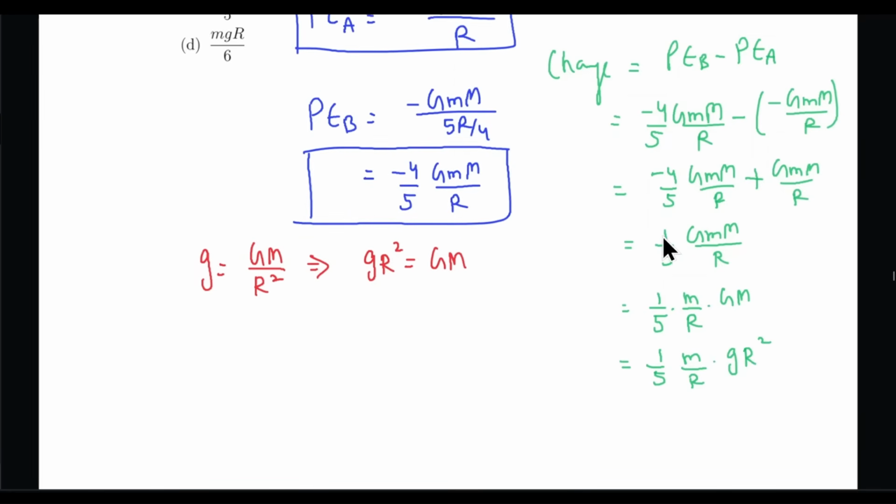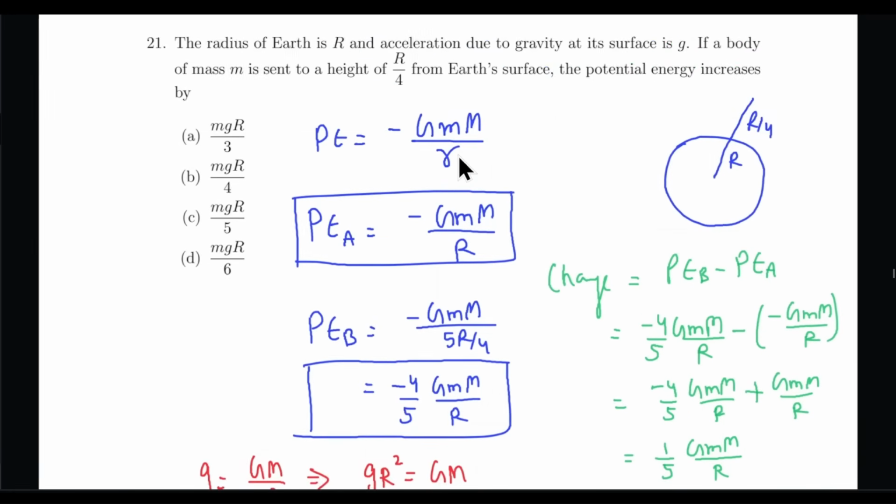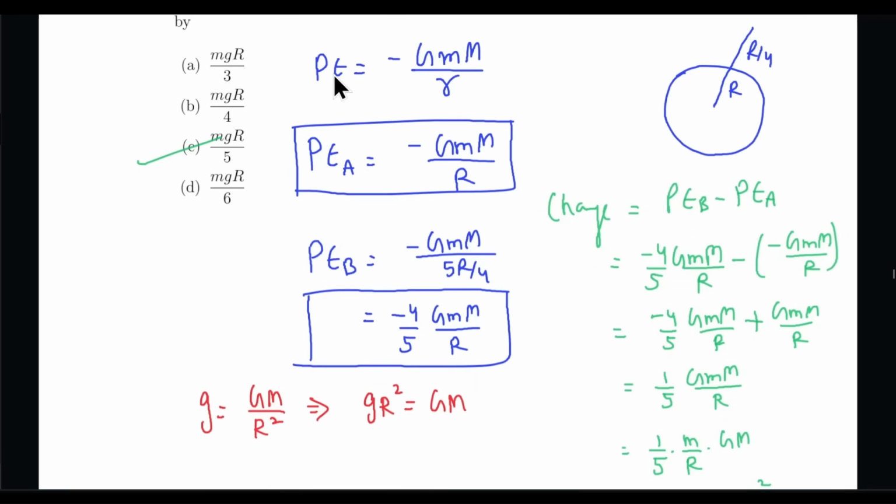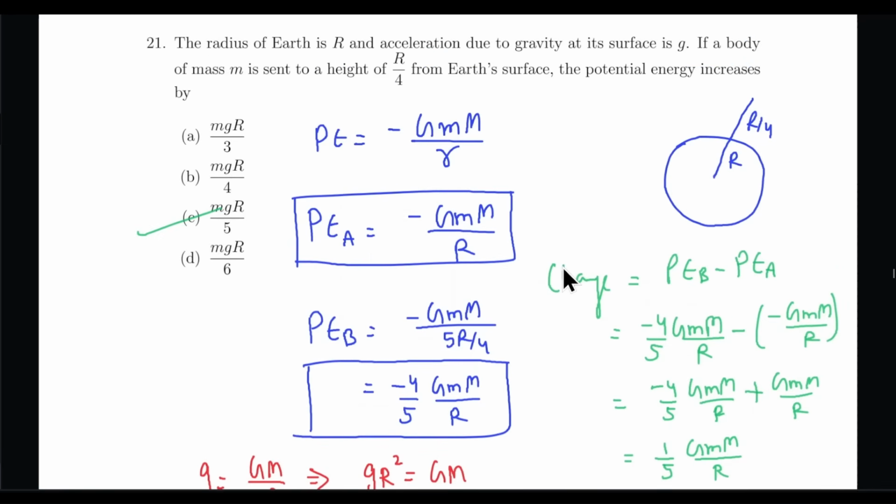One of the r is gone, so I'm left with m g r over 5. So that should be the final change, which is indeed option C. Yeah, makes sense. This could have been done in another way as well using mgh, but I just wanted to use the potential energy formula so that you get some practice on how to apply these things.